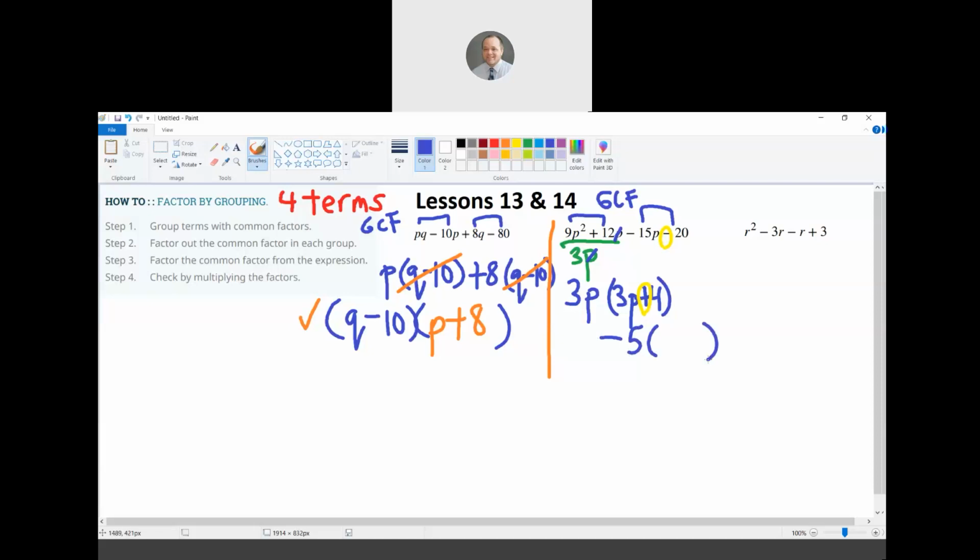Now, when we pull out a -5 out of each term, signs will change for each term. So a -5 going into -15p, that's a positive 3p. And -20 divided by -5 is a positive 4.